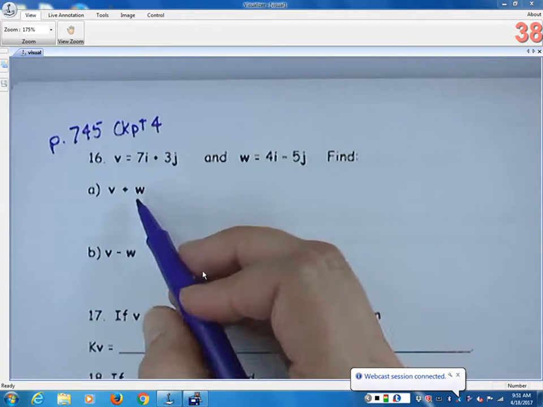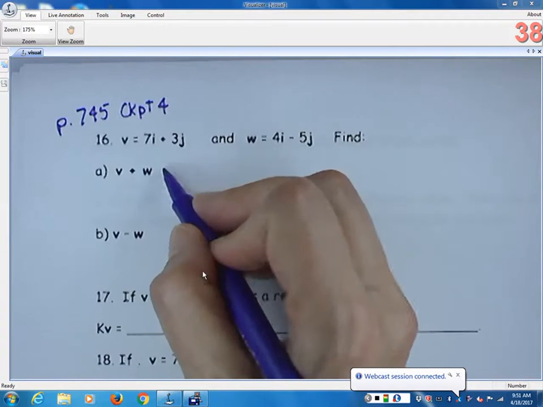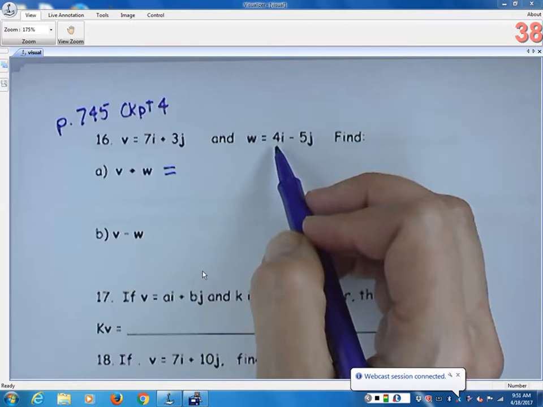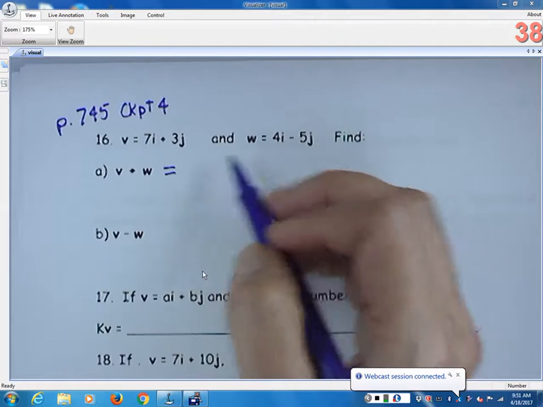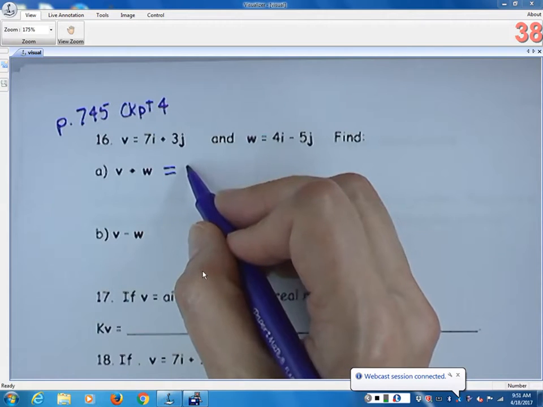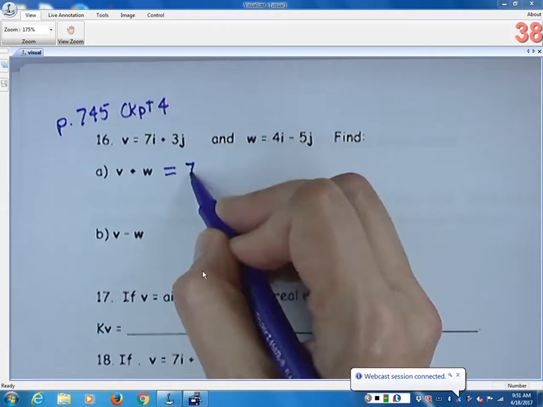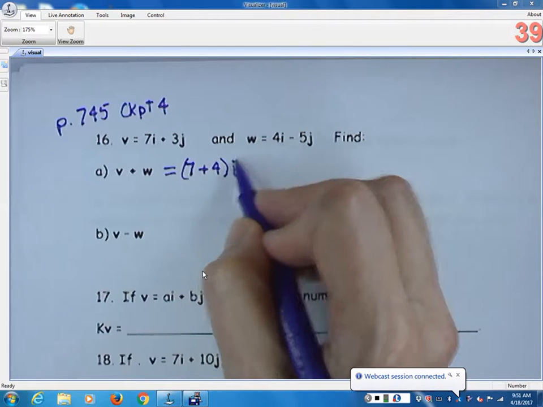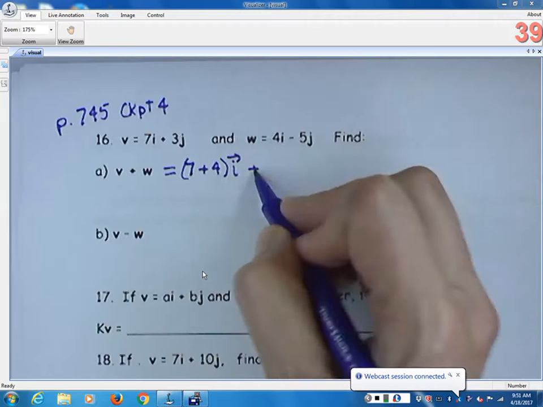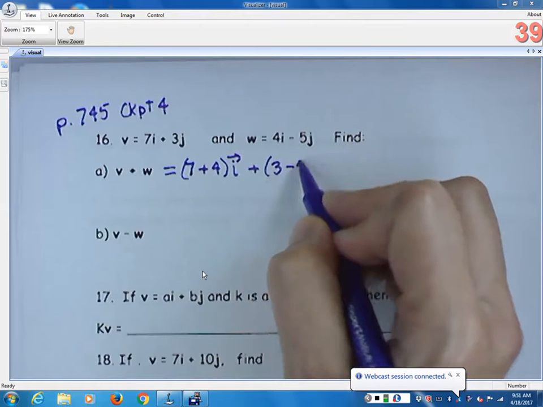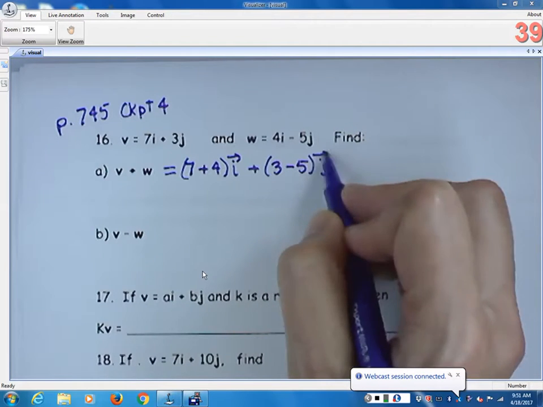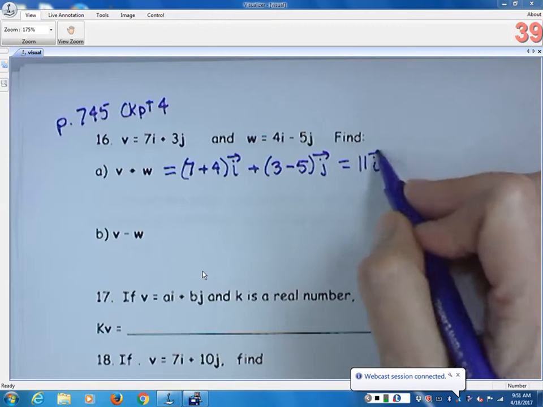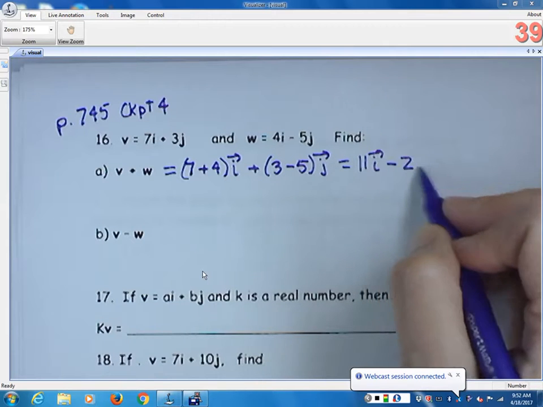Find V plus W. We could treat this as like terms. 7 plus 4I plus 3 minus 5J. And that's 11I minus 2J.